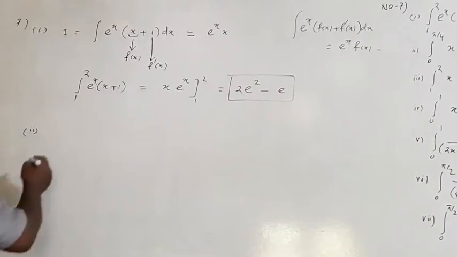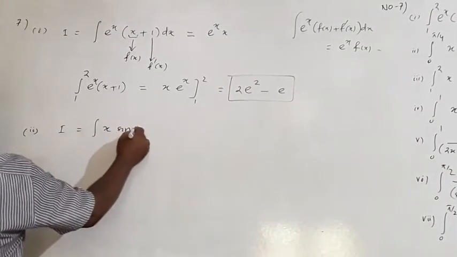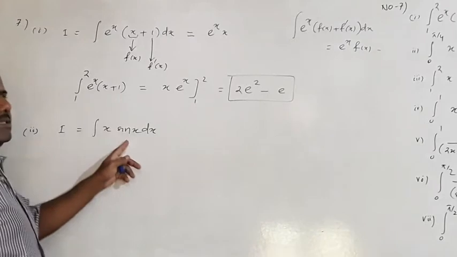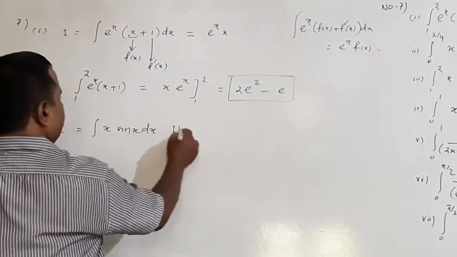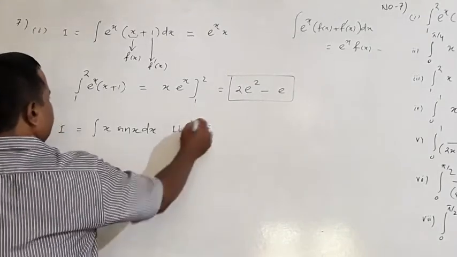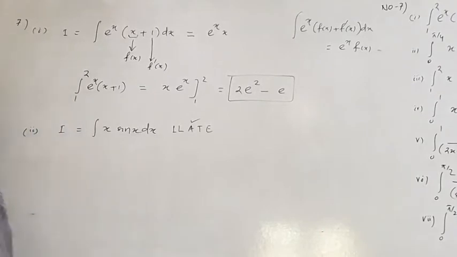Then what is the integration of x sin x? I have given you a formula. You can do it by parts method. This is algebraic, this is trigonometry, and by applying the formula I L A T E, you will take this as the first function and this as the second function, then you can do it.